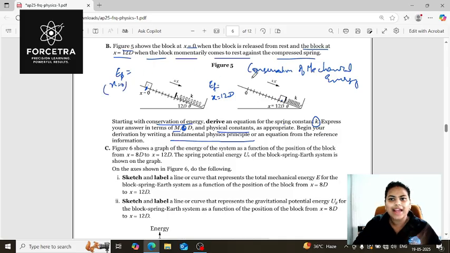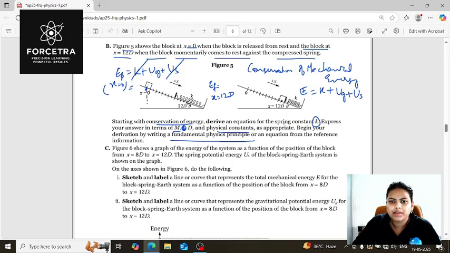The mechanical energy is the combination of kinetic energy plus the potential energy of the spring-block-earth system, UG, and the elastic potential energy of the spring, US. So at this point K plus UG plus US, where K would be 0 and only the potential energy is there.